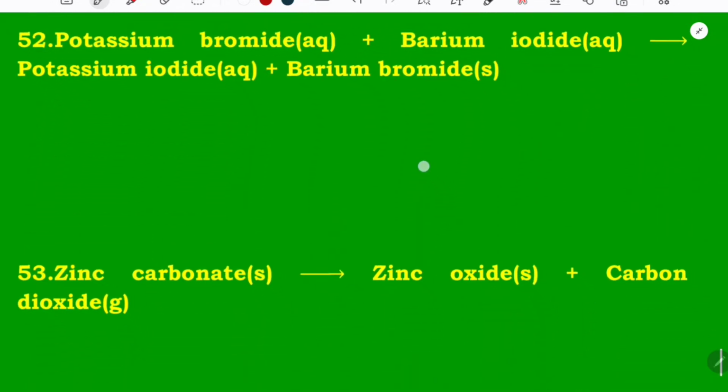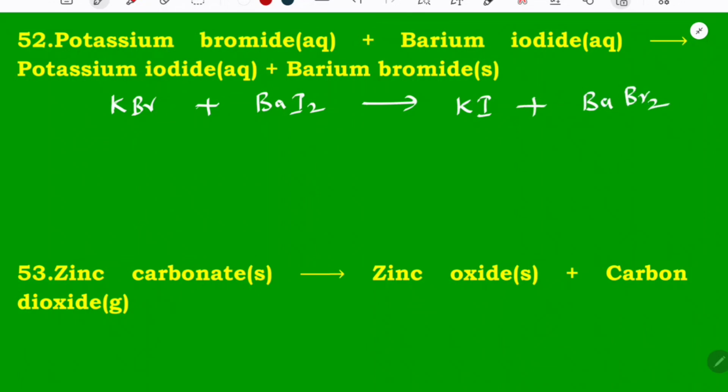Next, potassium bromide, KBr, is reacting with barium iodide, BaI2, to form potassium iodide plus barium bromide, BaBr2. Is the equation balanced or not?